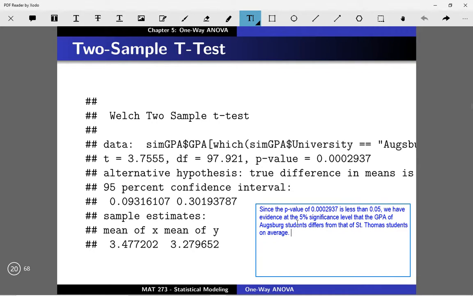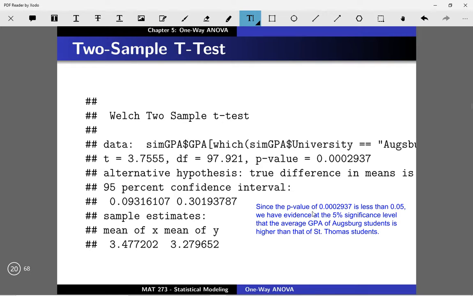So we have evidence at the 5% significance level that the average GPA of Augsburg students is higher than that of St. Thomas students. Okay, and I already said on average.